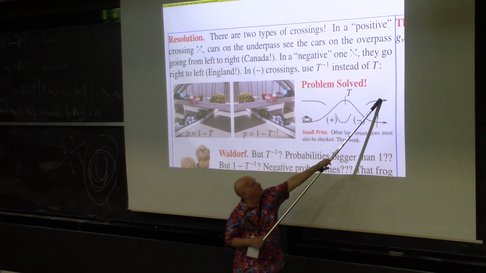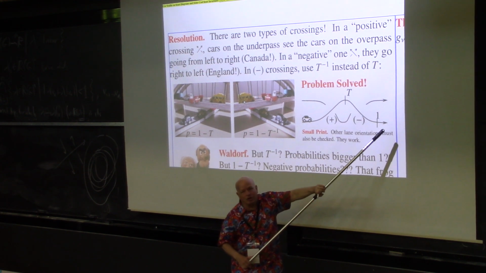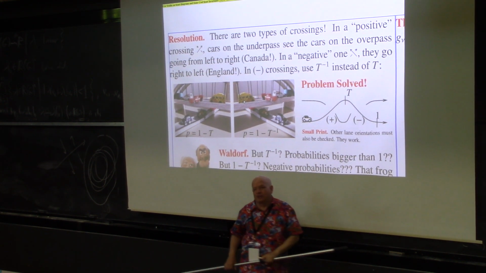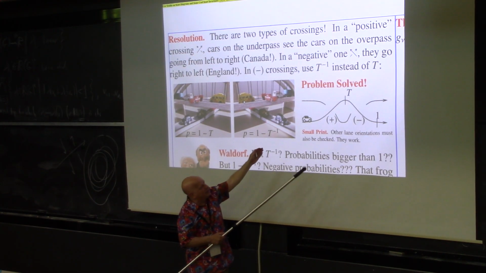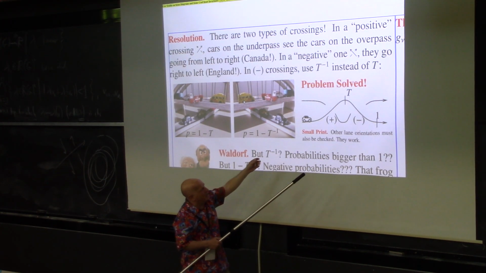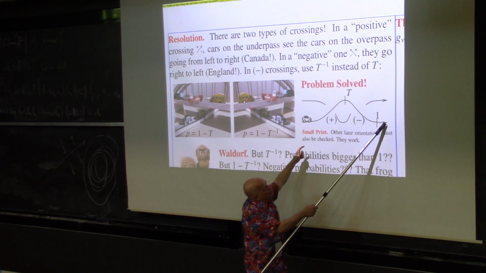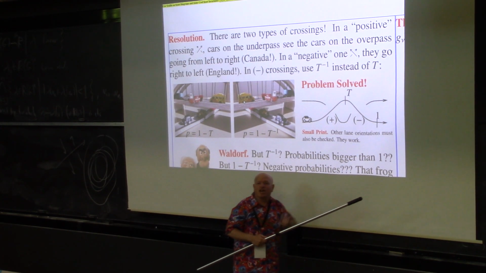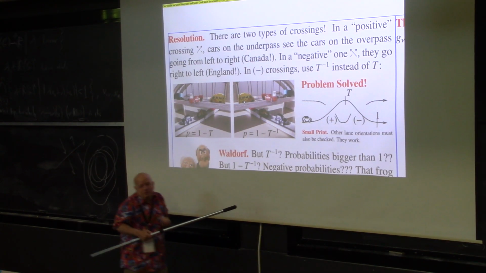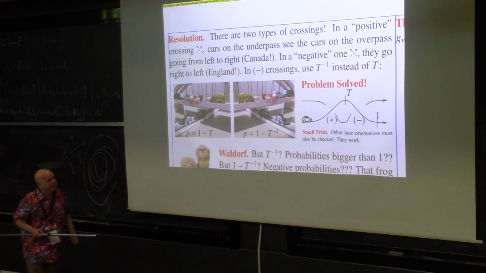And then this has to be the complementary number, so it's 0, and that's what we get over there. And there is small print: there are other lane orientations that must also be checked, meaning maybe you reverse one of those lanes, and you still have to check that. Everything checks. This is just a mechanical check.